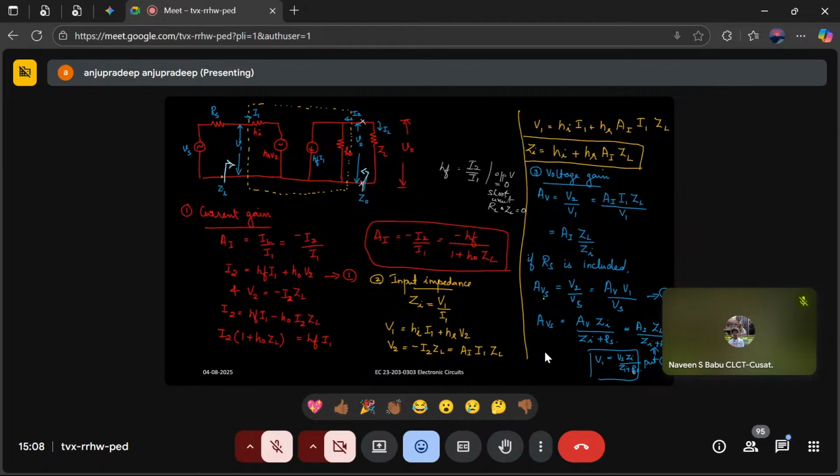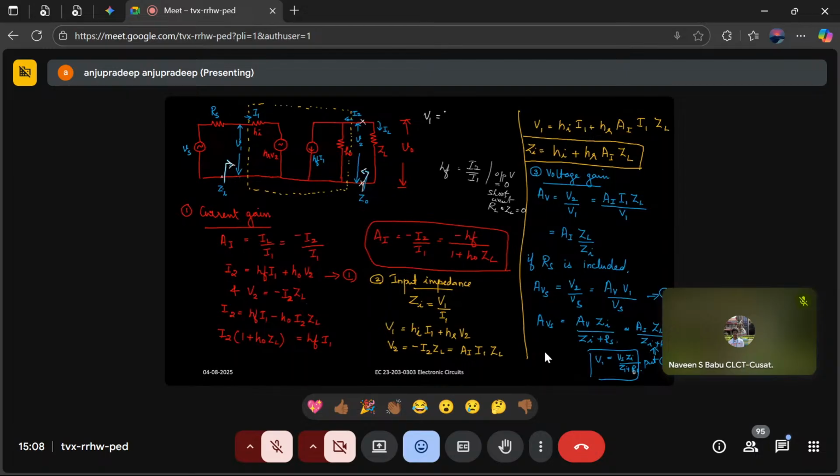Okay, so what is AVS? AVS is equal to V2, the output voltage, divided by Vs. And what is V2? V2 is equal to voltage gain into input voltage. Okay. So AVS is equal to AV into Zi divided by Zi plus Rs, because of V1 by Vs. Earlier we had written, what is V1?